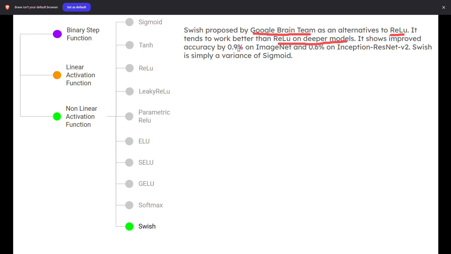It also improves the accuracy on ImageNet by 0.9%, and Inception-ResNet version 2 by 0.6%. But still, this is simply a variant of sigmoid. Softmax is a variant of sigmoid, and Swish is also a variant of sigmoid.